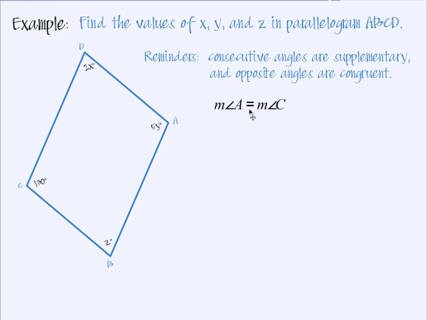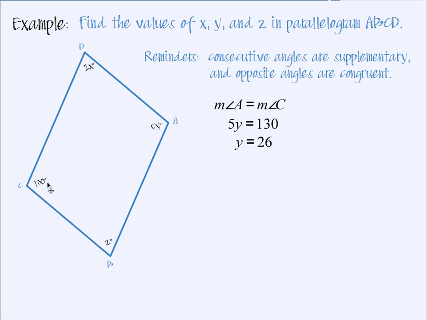Since opposite angles are congruent, angles A and C have to have exactly the same measure. So I'm going to set 5y equal to 130. Dividing both sides by 5, I get y equals 26, and I've already solved for one of my three variables. Now, in any four-sided shape, consecutive angles are supplementary.